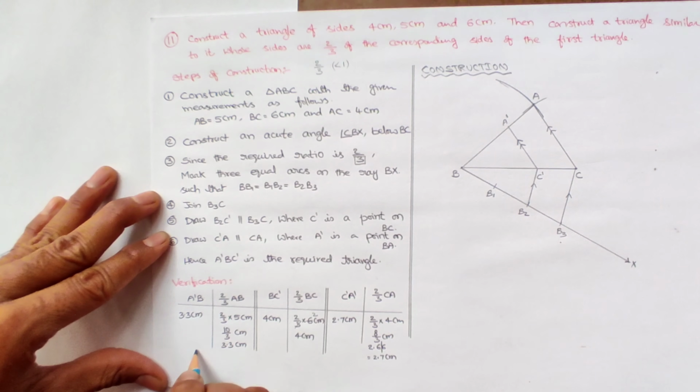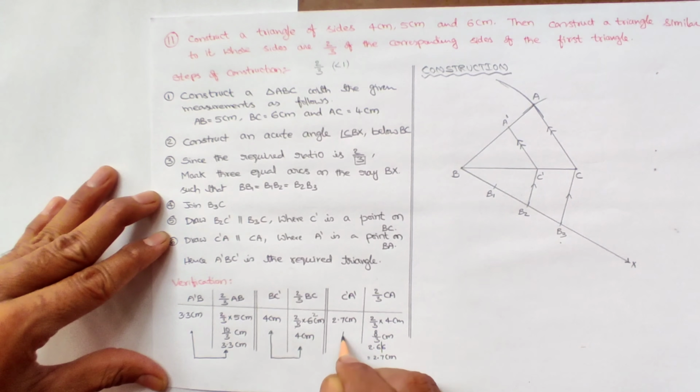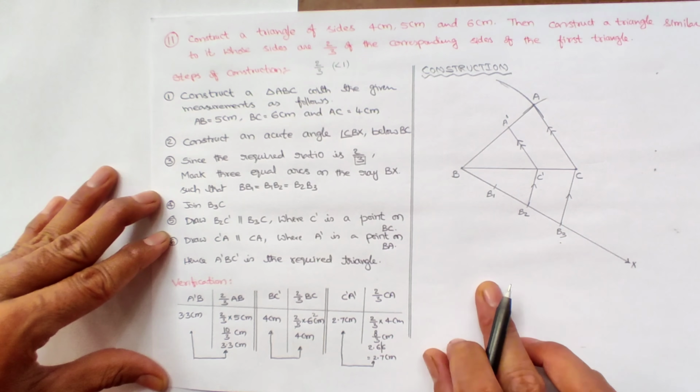Now let us observe the conclusions. Here this 3.3 centimeter is equal to this 3.3 centimeter, 4 centimeter equal to this 4 centimeter, and 2.7 centimeter is equal to this 2.7 centimeter. As I do not have place here, I am writing here.